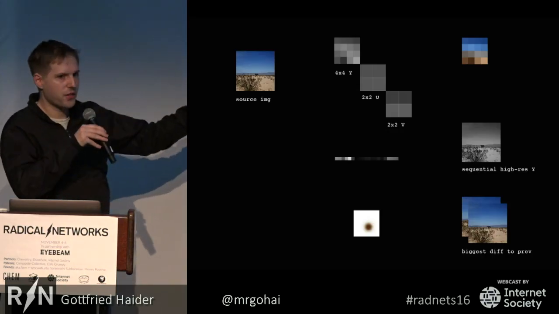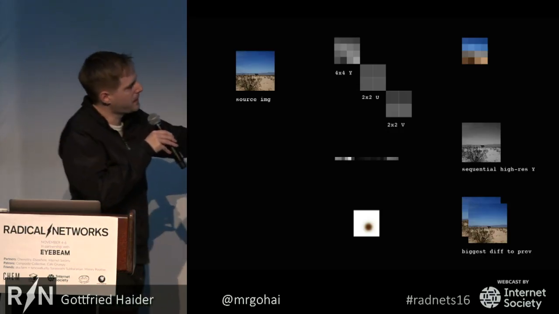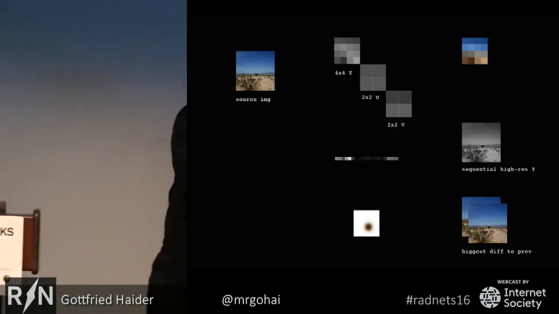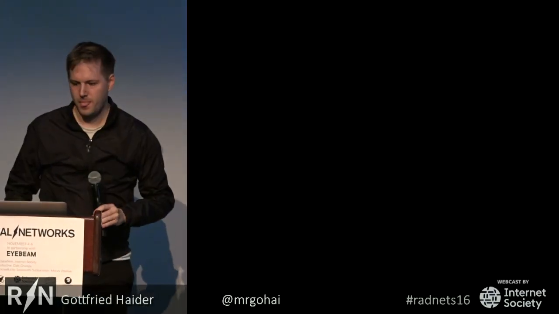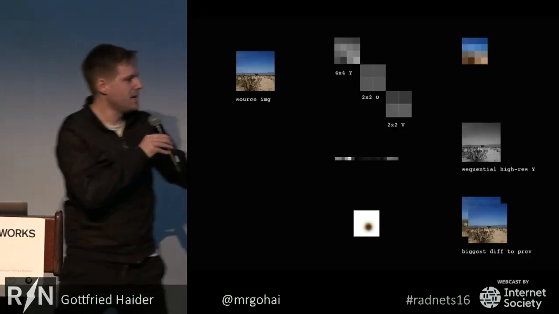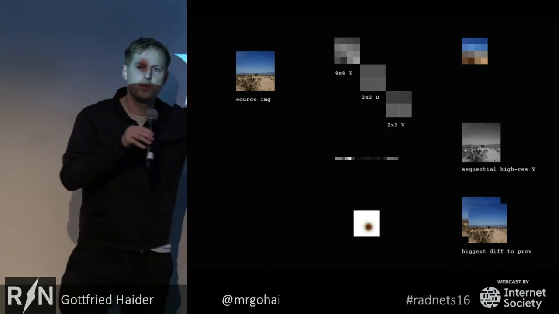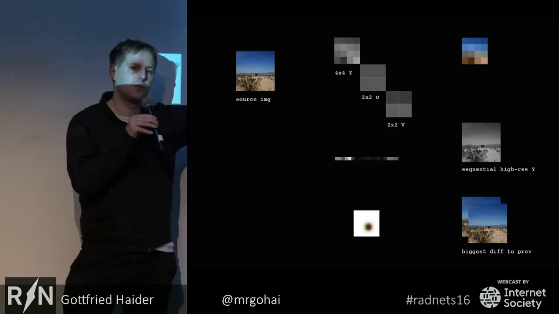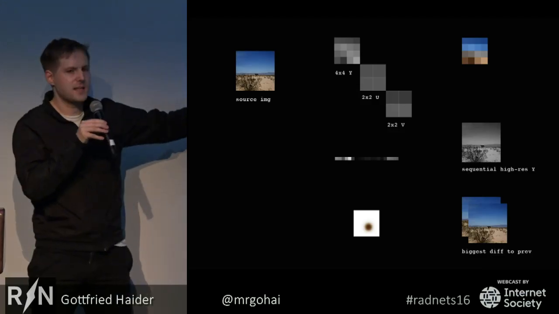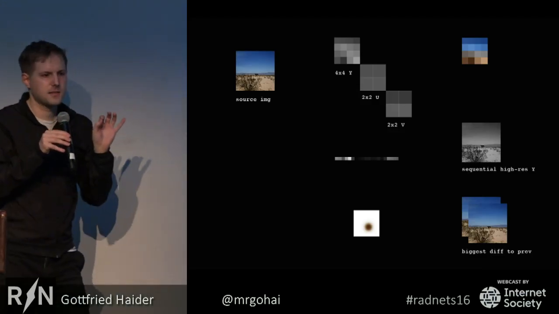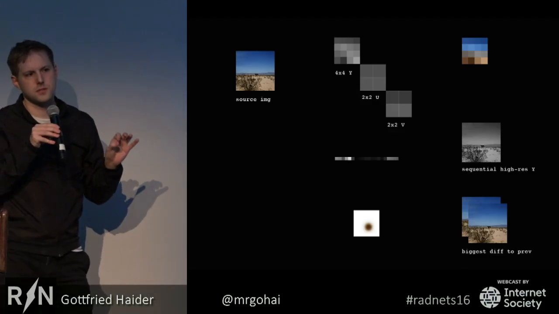And the third thing is the software would compare the most recent image taken with the one taken right before, and it would find the very pixel that changed the most.